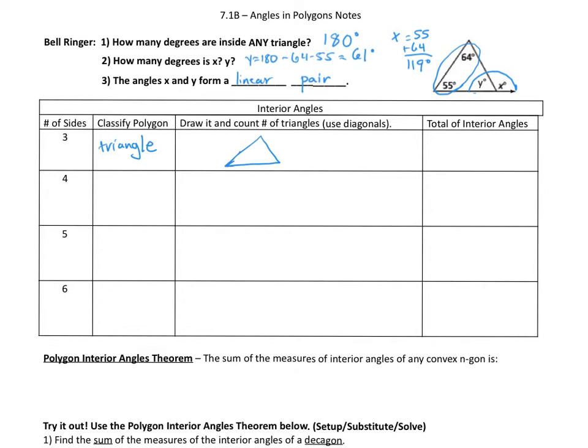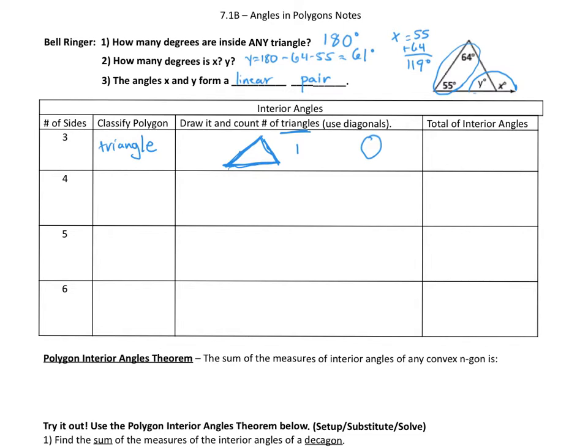So there's only one triangle in a triangle. Are there any diagonals in a triangle? There are actually 0 diagonals in a triangle.